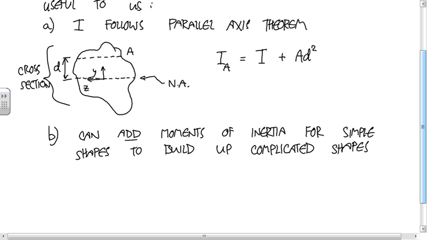By the way, before I go on, what about the mass moment of inertia? I don't think in dynamics you guys have gotten to talking about rigid bodies yet, but you probably talked about this in physics 1. So what about the mass moment of inertia? Is there a parallel axis theorem for the mass moment of inertia? Yes.